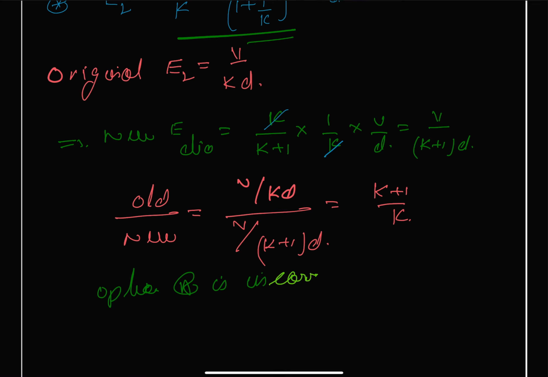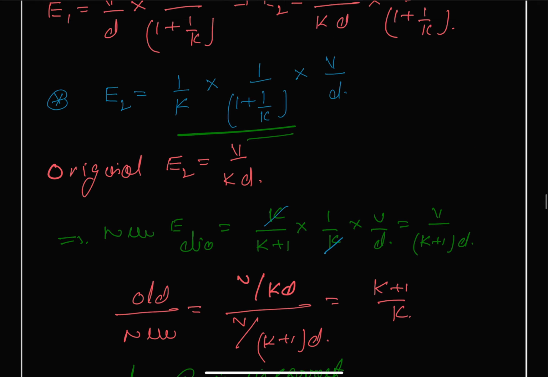Please keep in mind that this was our old, okay, let me write in bracket. So this is our old electric field and this we found is our new electric field, and this is new with respect to dielectric.